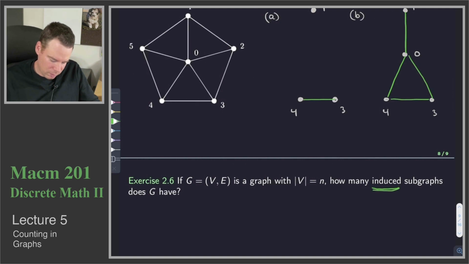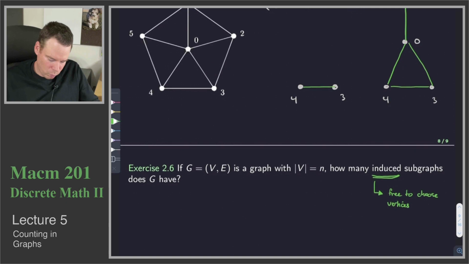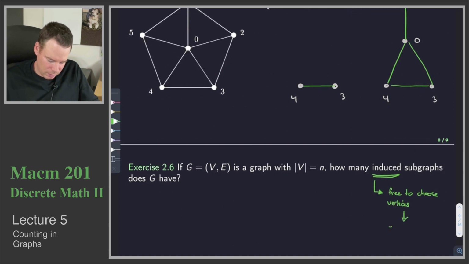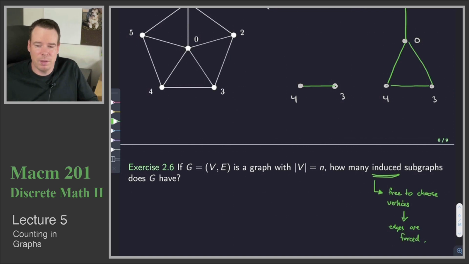This is the key word, because what that tells us is that we are free to choose vertices, and then once we choose our vertices, the edges are forced upon us. So that can narrow your thinking. How many induced subgraphs are there? Well, what do I have freedom to choose? I only have freedom to choose the vertices, because once vertices are chosen, the edges are forced upon me. So that may help in thinking about how many possible subgraphs there are.